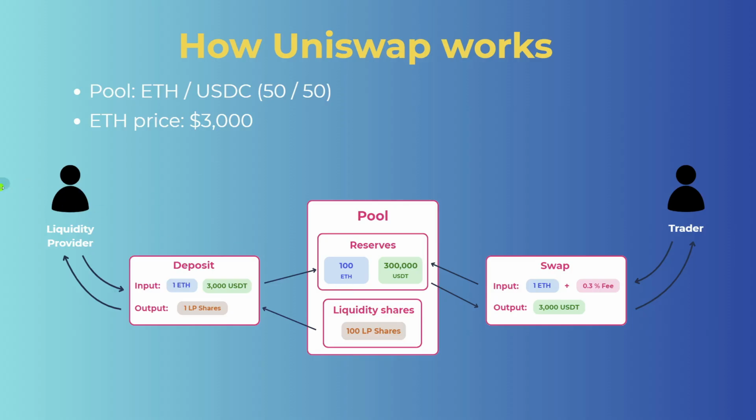In fact, we have a liquidity provider that, for example, wants to deposit 1 ETH and 3000 USDT and gets a liquidity provider share. Why does it get one LP share? Because this is 1% of the entire pool.